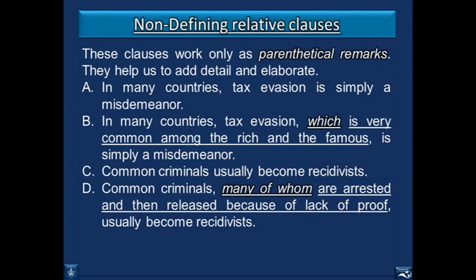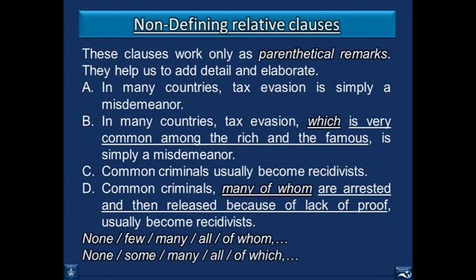We can see here that the purpose of using a non-defining relative clause is simply to add detail and make my discourse more complex, more sophisticated. Some of the relatives that we can use in non-defining relative clauses are the following: none of whom, few of whom, many of whom, all of whom. We can also use none of which, some of which, many of which, or all of which.